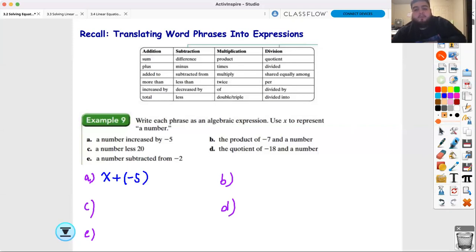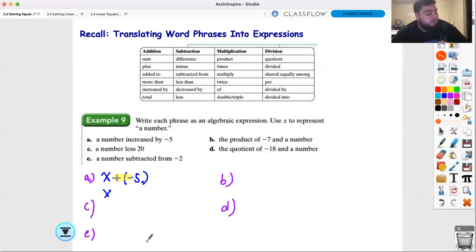But remember, class, what did I say about plus a negative? What operation is it really doing? What's plus a negative? When we add a negative number, we're technically just what?